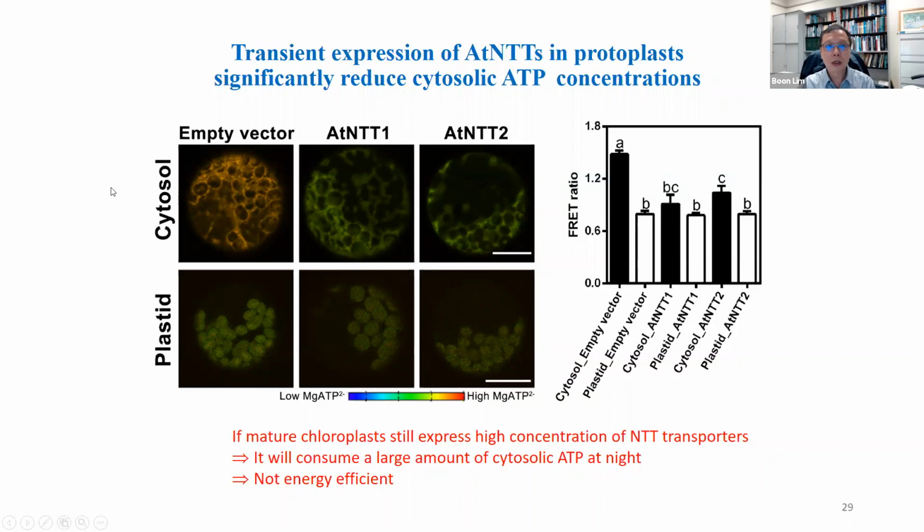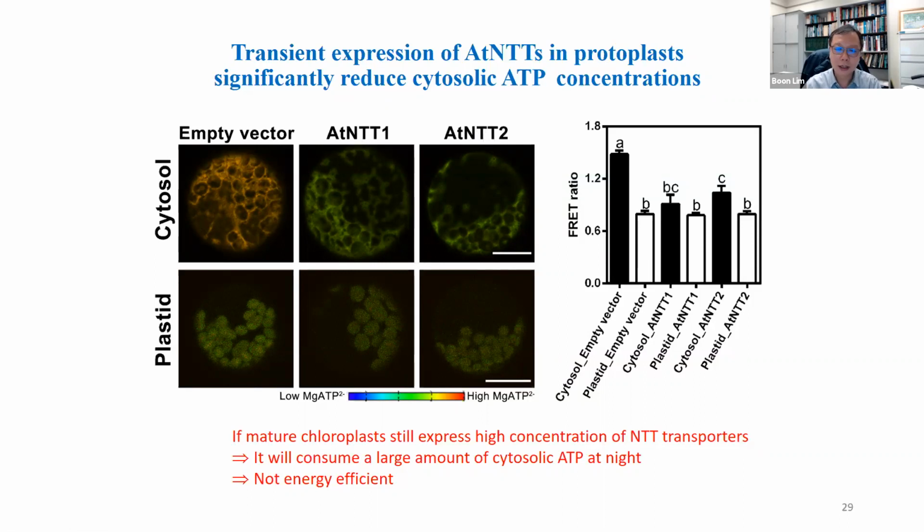Then we transiently express the ATP/ADP transporters in protoplasts. Protoplasts were prepared from the plants that have the ATP sensor in the cytosol, and then we transfect either empty vector or the vector that expresses the NTT transporter.